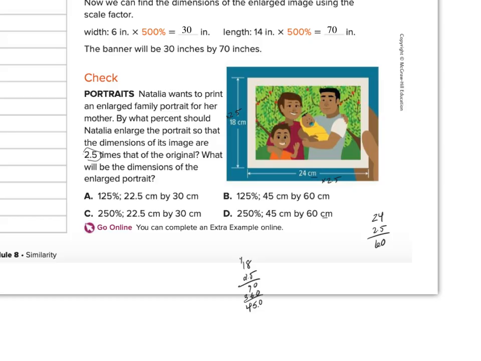So it looks like we multiplied by 2.5, which is the same thing as 250%. So it's one of these two, and then it turns out that yes, we enlarged, so it is going to be D. There you go. If you look, this one actually didn't multiply by 2.5, so it only increased by a small portion of that. So there you go, being able to calculate that information based on the information they're giving us.